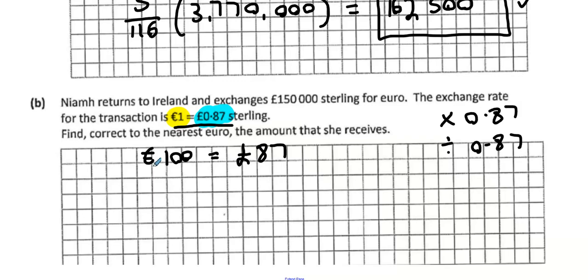Euro will always have a bigger number than sterling at this exchange rate. So therefore, prediction time. Mystic Mac, etc. All right, lads. Are you expecting a bigger number than 150 grand or a smaller number than 150 grand? Why is it bigger? Euro is a bigger number than sterling. They're worth the same, but euro will be the bigger number.